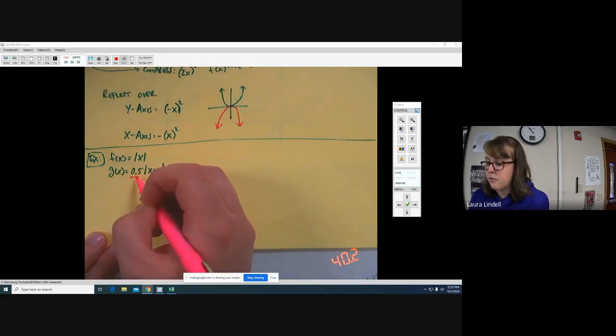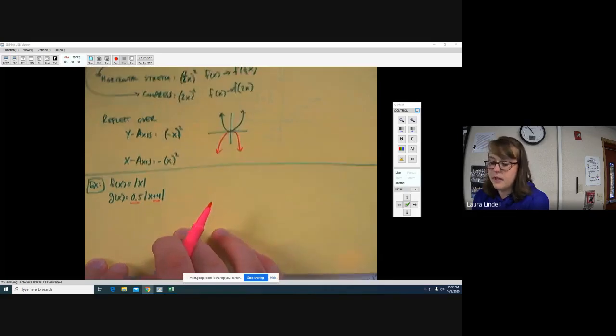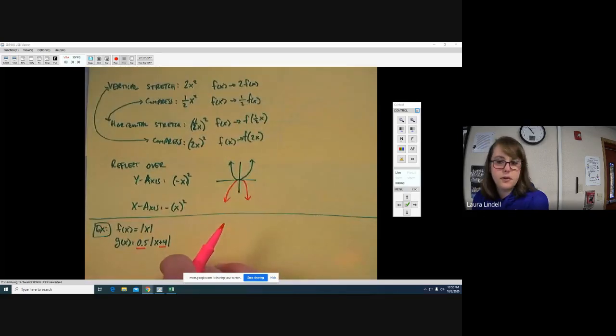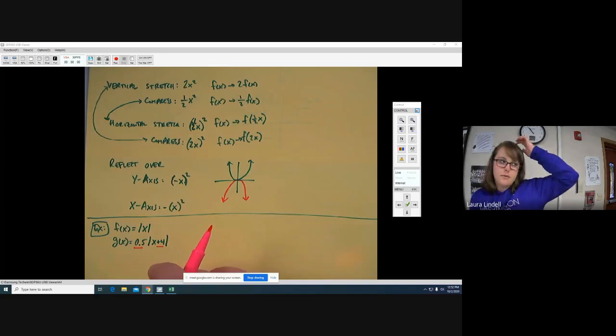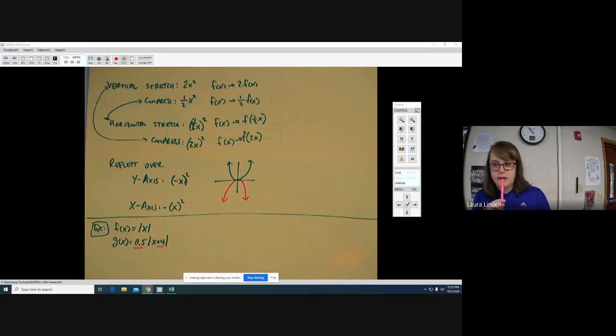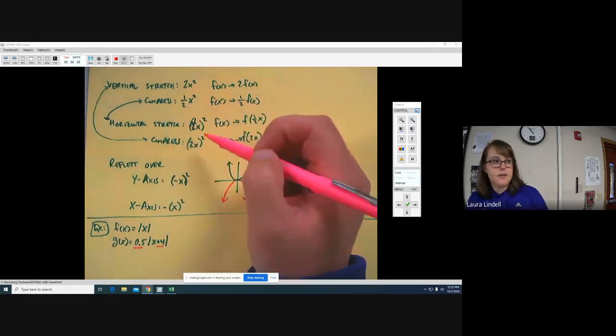What is that 0.5 telling me? First of all, are we dealing with vertical or horizontal? What do we think? Are we doing something vertically to it or horizontally to it? Yep, vertical, because it is outside those absolute value signs, just like these are outside the parentheses.